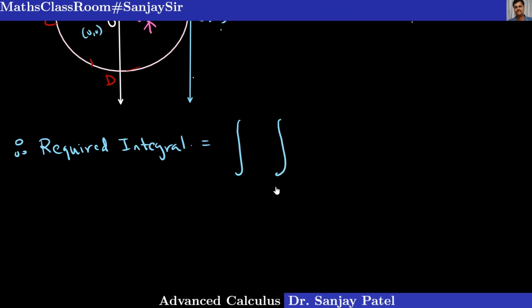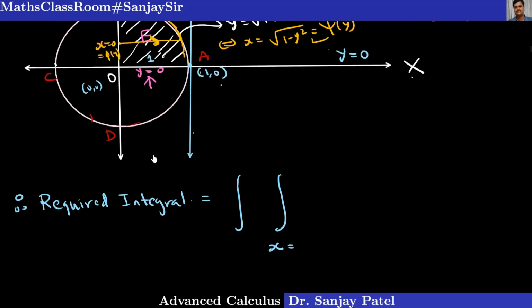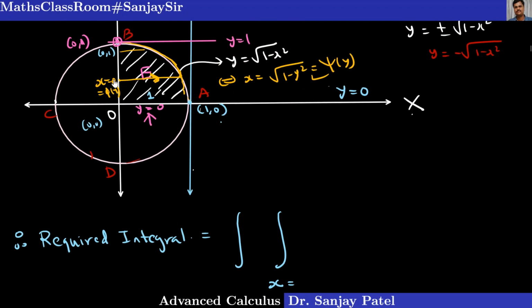So limits of x will be a function of y. That we have understood, they are given by the end points or end curves of these strips. The end curves are x equal to 0 and x equal to square root of 1 minus y square. So I will write x equal to 0, that is the left hand curve, and the right hand curve is given by x equal to square root of 1 minus y square.